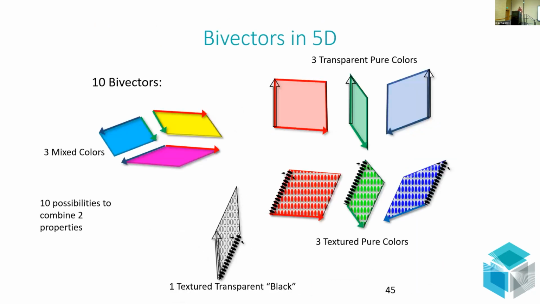And now we can add together the possible bivectors in 5D, which must be 10 possible bivectors: the 3 possible mixed colors, 3 possible pure colors, 3 possible textured pure colors, and 1 white, non-transparent black color. So we have basically 10 possibilities to combine 2 colors, which gives us the space of bivectors.